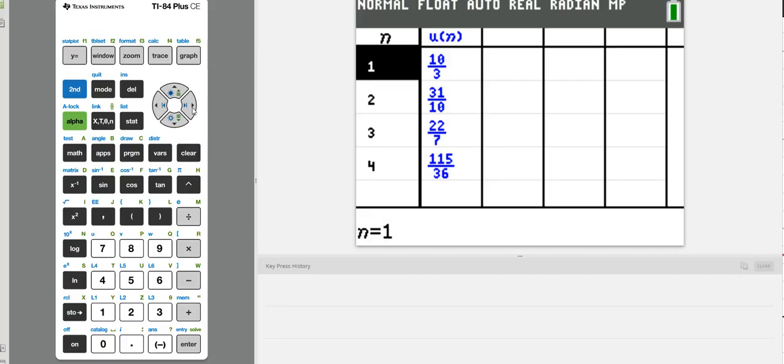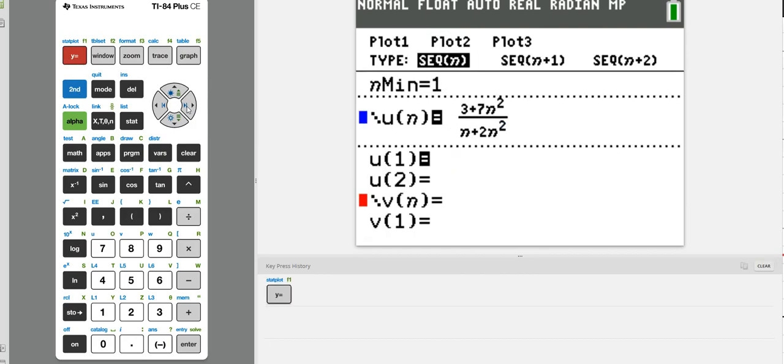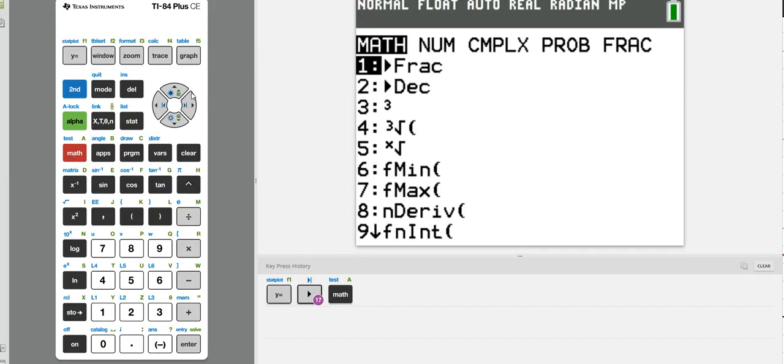So there's a workaround for this. Let me go back to the y equals key. And to the right of my fraction, I'm going to ask my graphing calculator to turn these into decimals. So to do that, hit the math key. The second option there says, just give me a decimal.